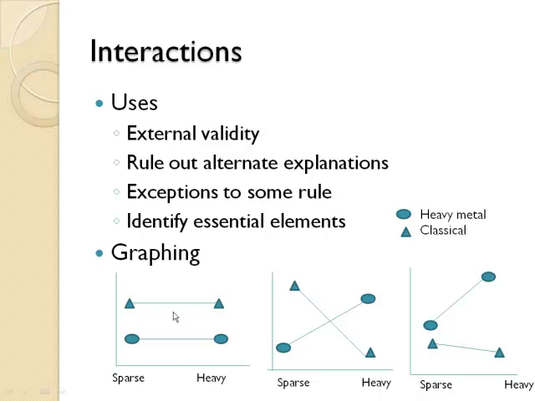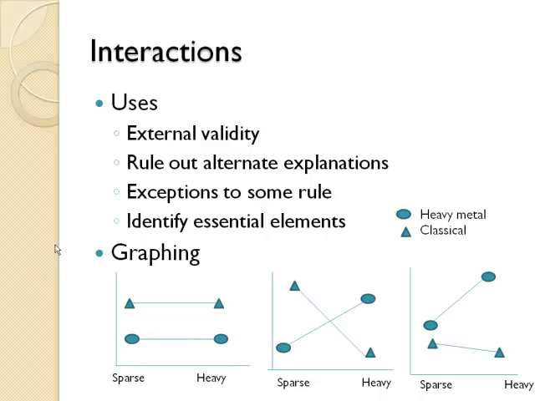So basically, this graph is telling me pretty clearly that people drive faster when listening to classical music than when listening to heavy metal music, regardless of the density of traffic. Right. So the effect of music was the same, regardless of the level of the other variable. So no interaction there. Right. So there's a main effect of type of music.